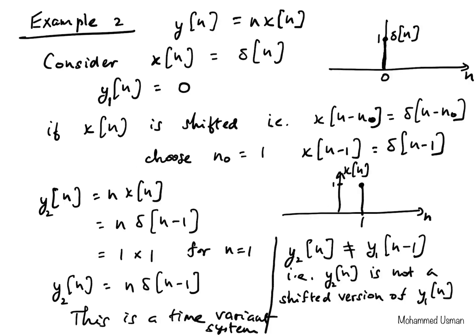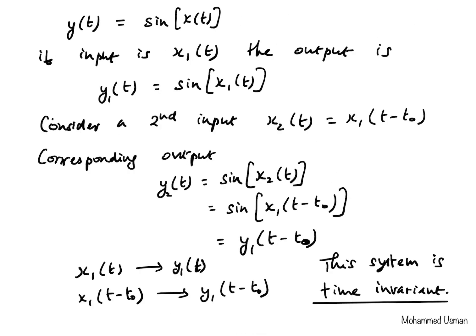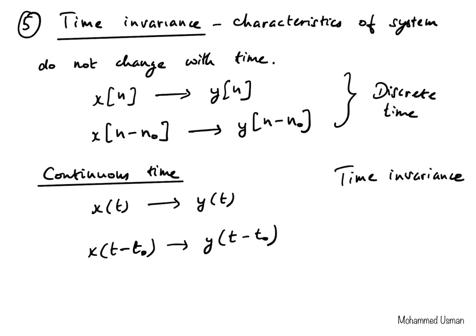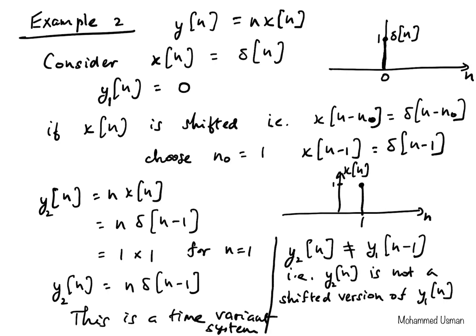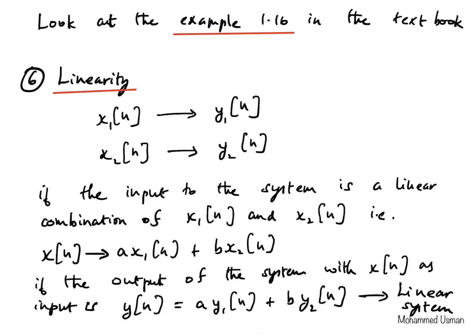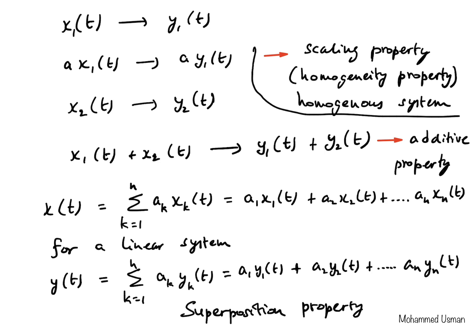The last property is linearity, and the one before that was time-invariance. We'll be looking at specific systems which satisfy both the time-invariance property and the linearity property, and we call such systems linear time-invariant systems, and we'll dive into that topic in the next lecture.